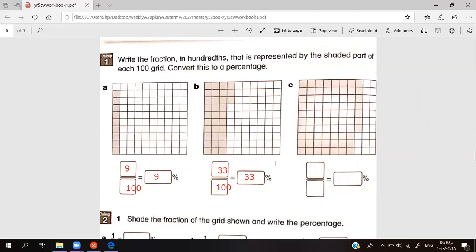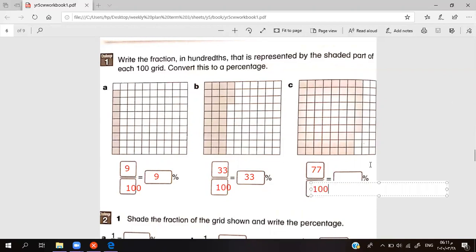Please pause me and answer number C. And when you finish it, unpause me. So it is 10, 20, 30, 40, 50, 60, 70, 77. 77 out of how many? Out of 100.